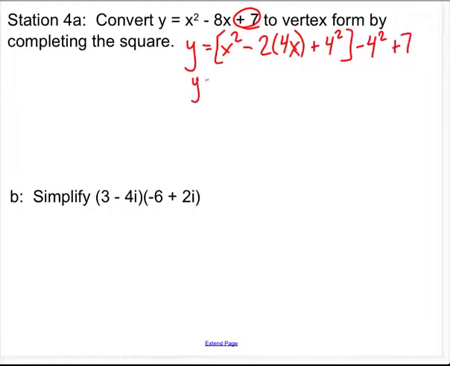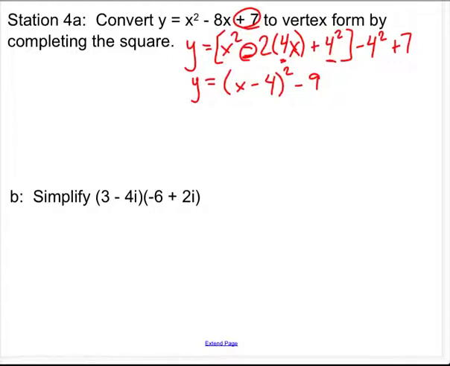So this puts it in the perfect square trinomial form, so I can factor this to x minus 4 squared. The subtraction sign comes from right here, and then the 4 comes from here. Outside my parentheses, I have the negative 16 plus 7, which is negative 9. So it's now in vertex form.